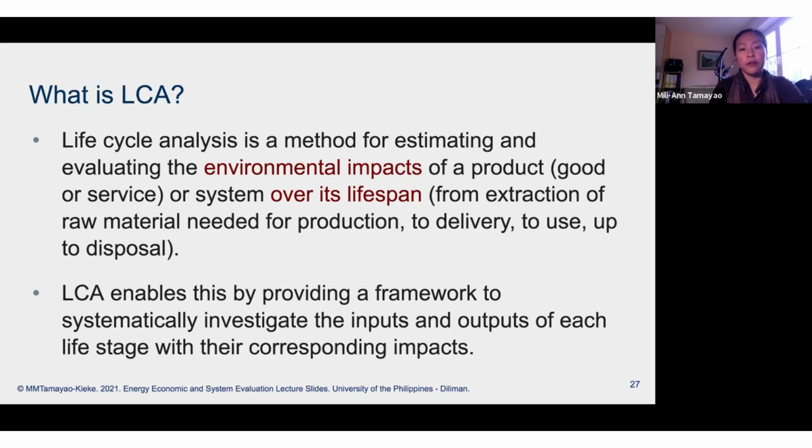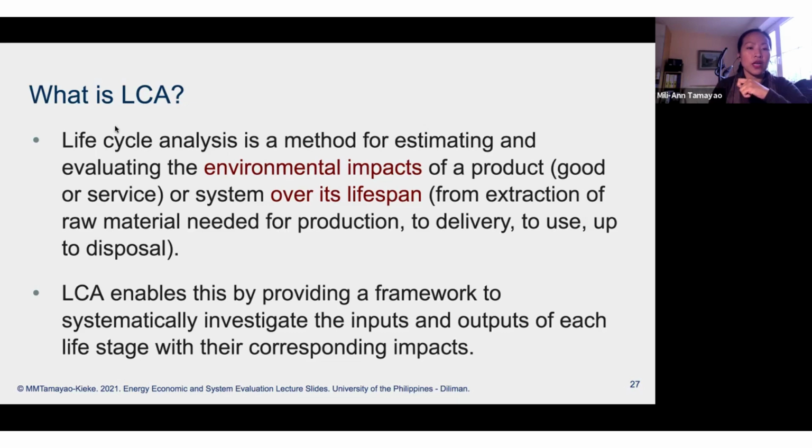Okay. So what is LCA? We move on to more formal definitions. Life cycle analysis is a method for estimating and evaluating the environmental impact of a product or system over its lifespan. I made environmental impact red here because sometimes LCA studies are thought to include other components such as the social component, and others.